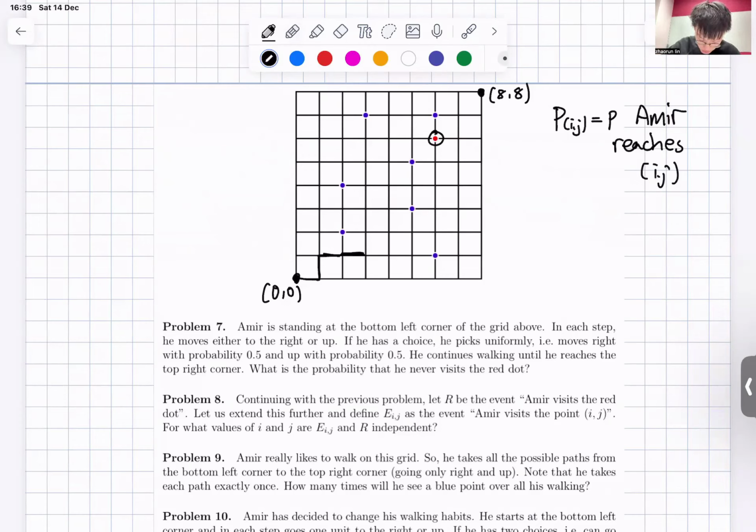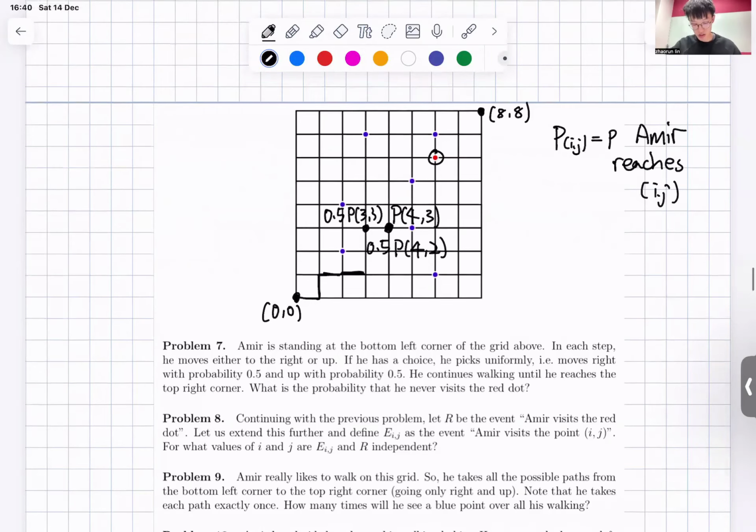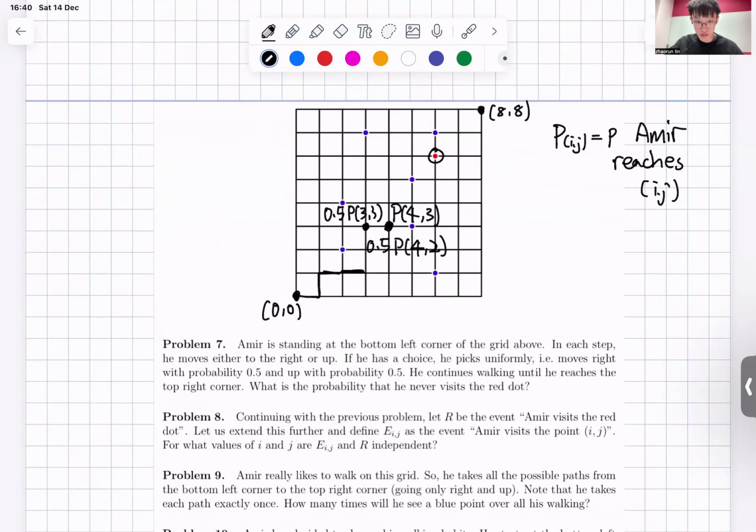For example, if we want to calculate the probability of 4, 3, it is just 0.5 of the probability of 3, 3 plus 0.5 of the probability of 4, 2. So you can just write a Python program to compute it. The Python program will be provided to you in the solution.